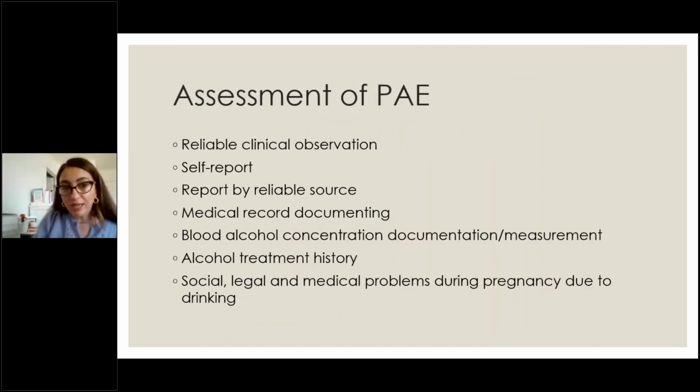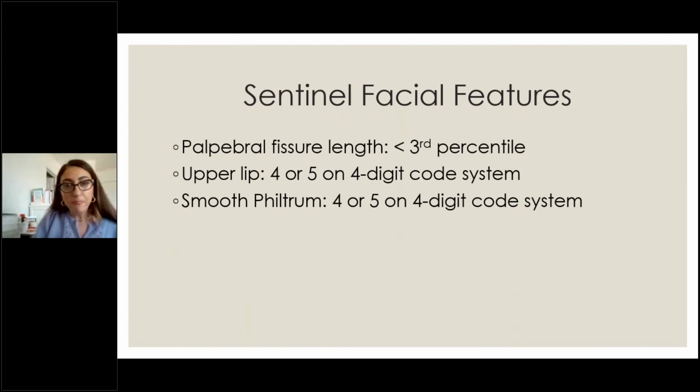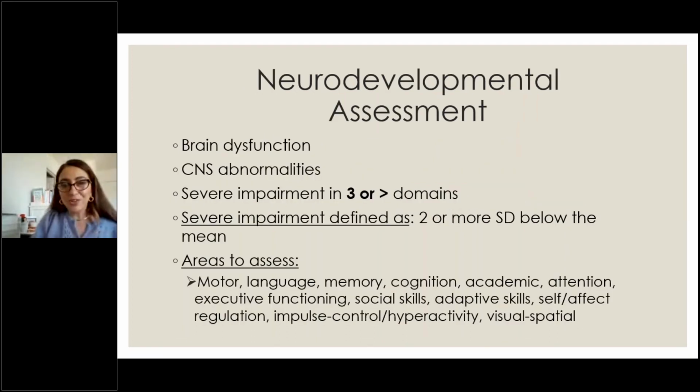So those are some of the criteria that we can use. Just for your information, I put some of the ways to assess prenatal alcohol exposure here, and then some of the specifics that I mentioned for the sentinel facial features that can be utilized. And then all the neurodevelopmental assessments that I mentioned, and then I also listed all the areas that we can assess.